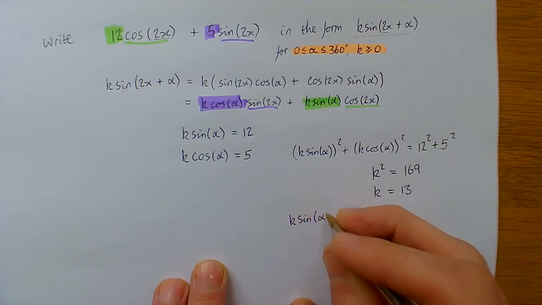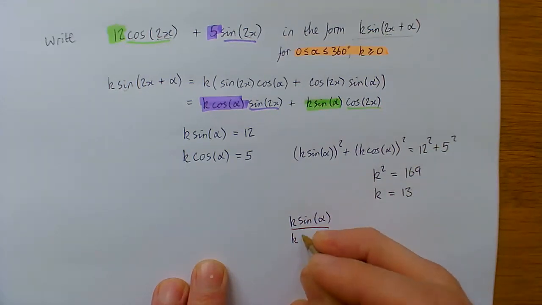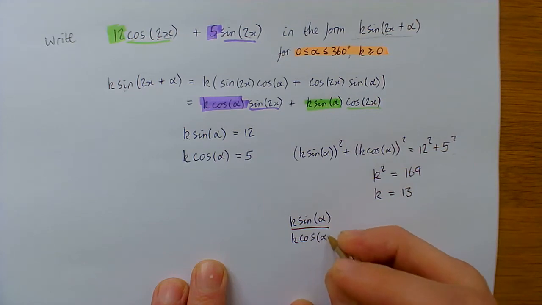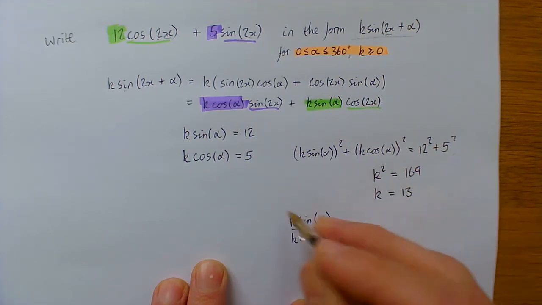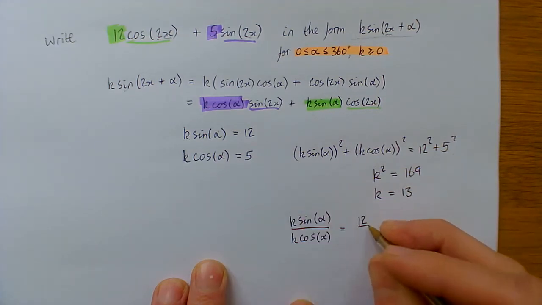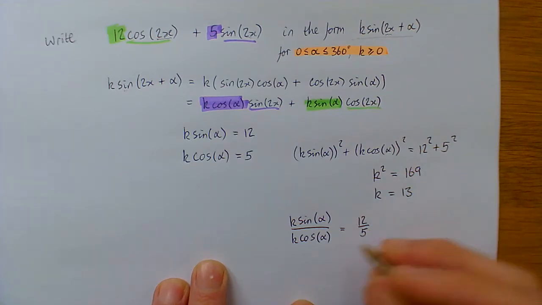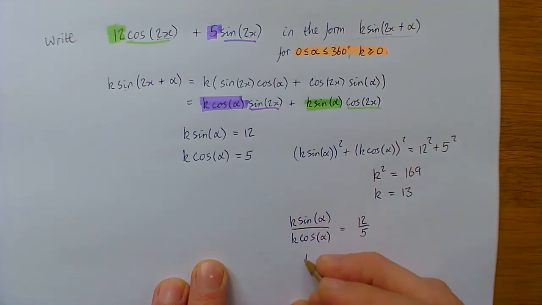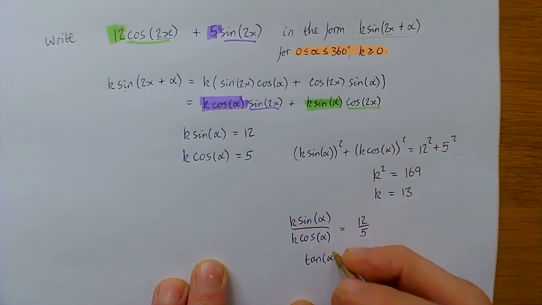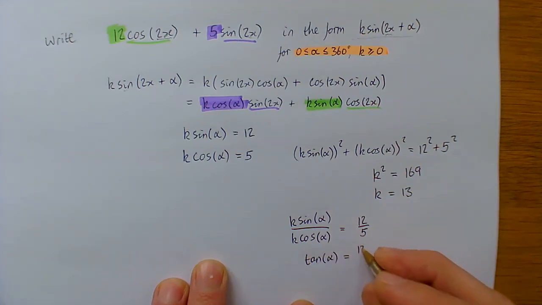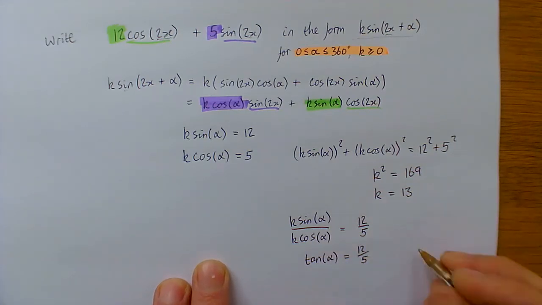Same thing, finding alpha. We want to do our division method to get that. Sine over cos gives us 12 over 5. This side, as with each example we've done so far, simplifies to tan alpha. Quick CAST diagram.